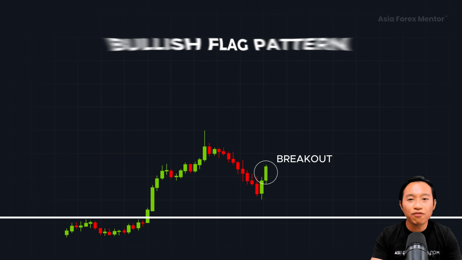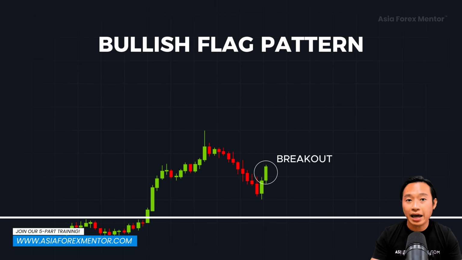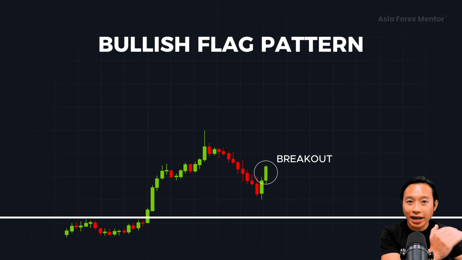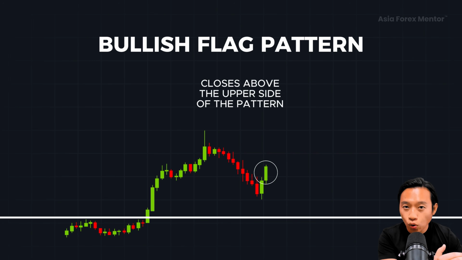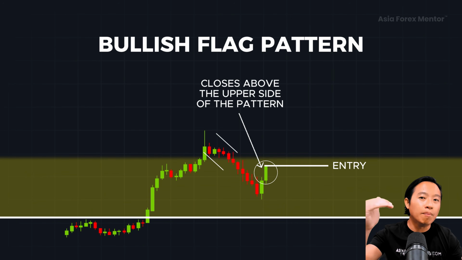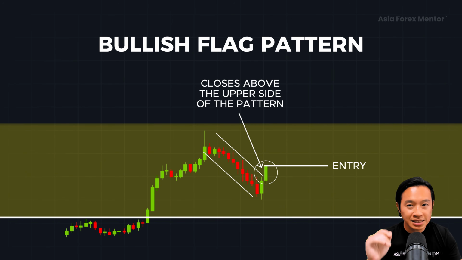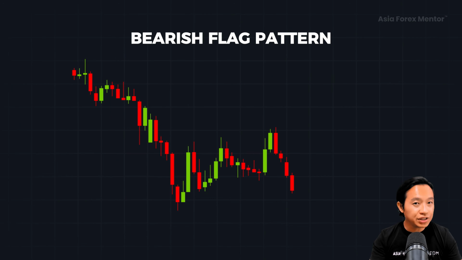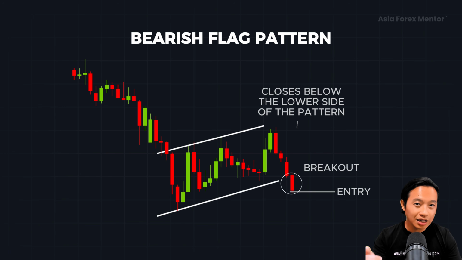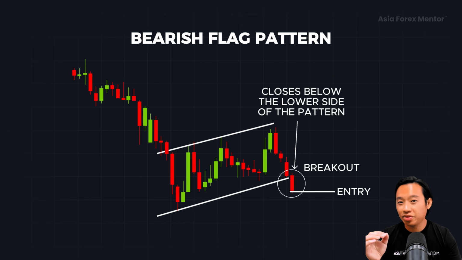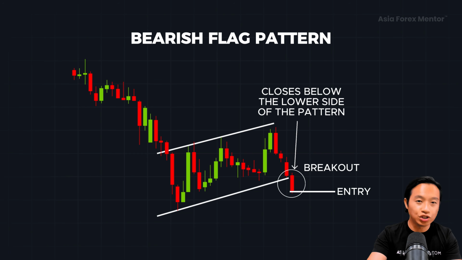For a bullish flag, you can consider buying the pair, the stock, or whatever commodity or currency when the price action closes a candle above the upper side of the pattern. If it's a bearish flag, you will sell when you observe a candle closing below the lower level of the pattern, right?